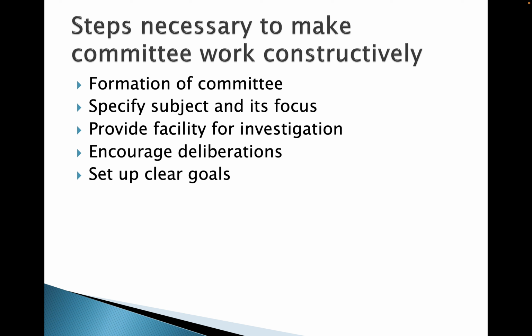So, for example, if the company is going to write their information security policies, well, they're not just going to randomly pick a staff member to write the information security policy or policies. They actually need to create a committee, right?